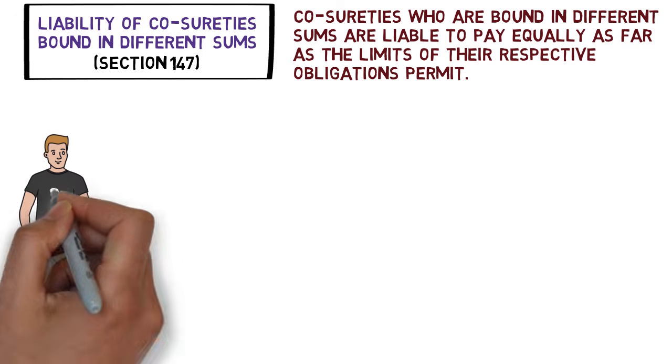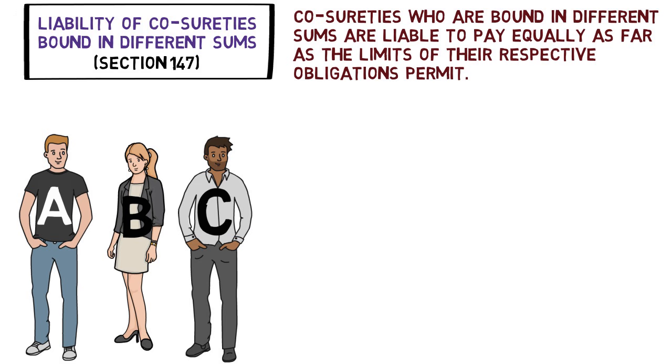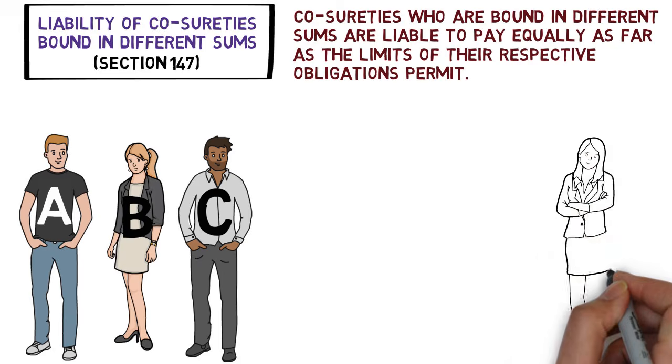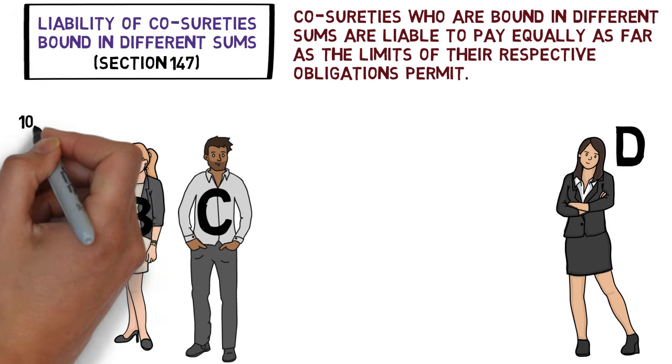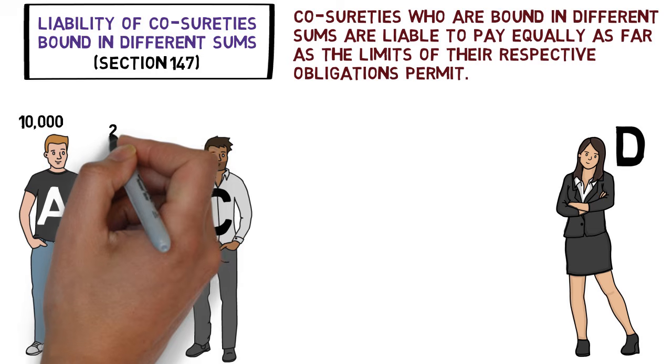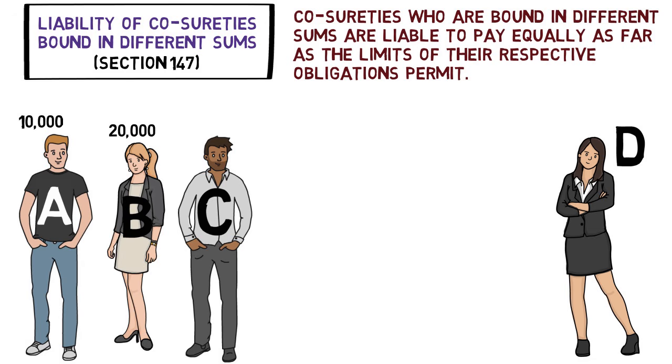Let's take an example. A, B, and C are co-sureties for a loan given to D. A has guaranteed up to $10,000, B has given guarantee for an amount up to $20,000, and C has undertaken liability up to $40,000.